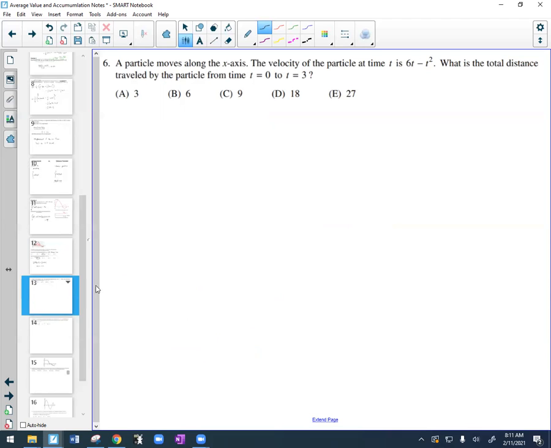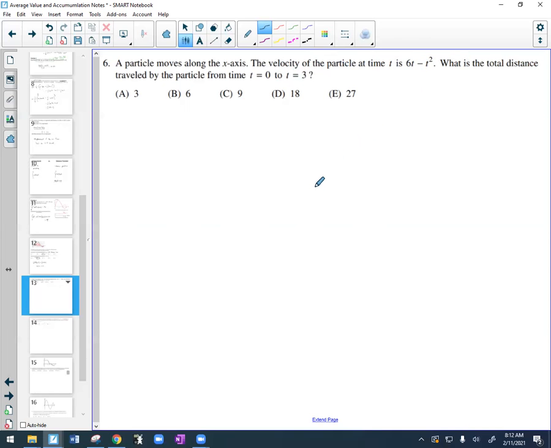This is the same kind of question. If this was a number 6, that means this is a no-calculator question, which is obnoxious, because when it says total distance, you're like, how am I going to do absolute values of this weird function without my calculator? And here's how. If this thing is positive the whole time, and by the whole time I mean from 0 to 3, then I don't have to worry about the absolute value.